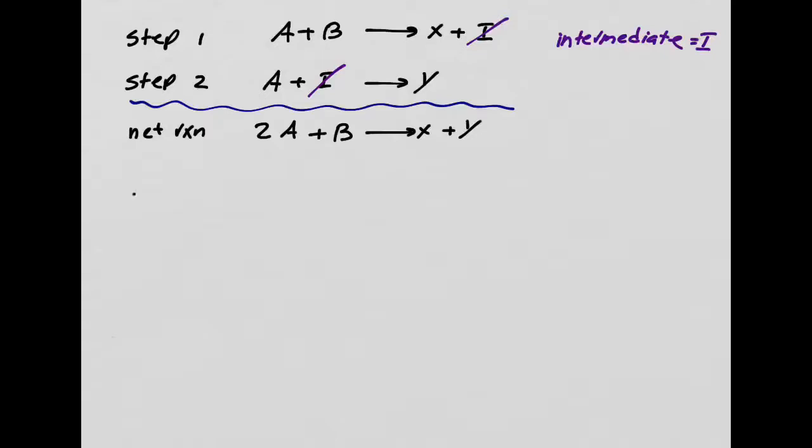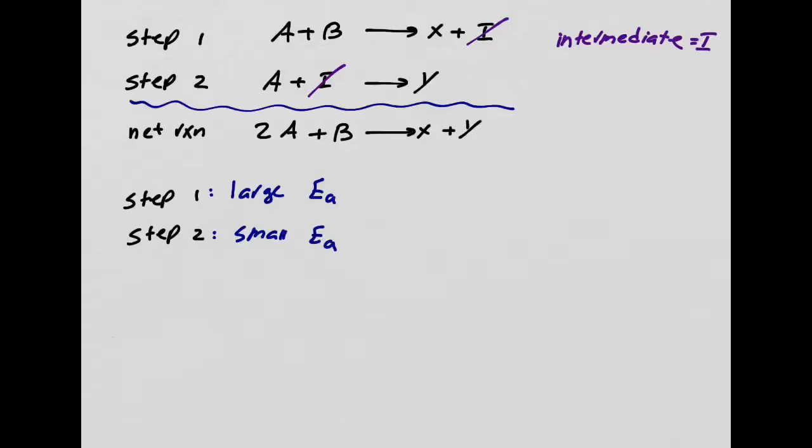Now, I'm going to give you another piece of information for this reaction. Step 1 has a large activation energy. Step 2 has a small activation energy. We are going to talk about this.